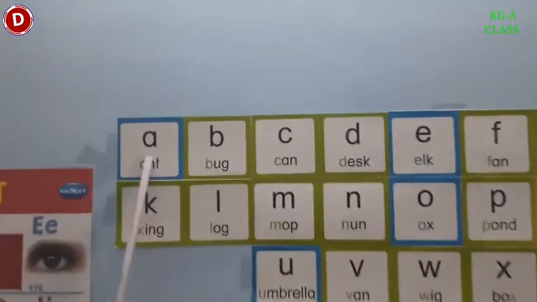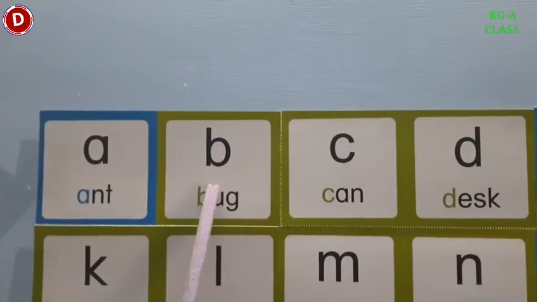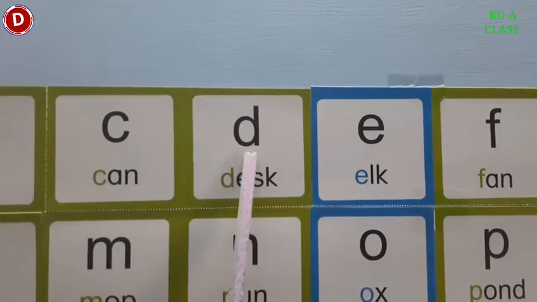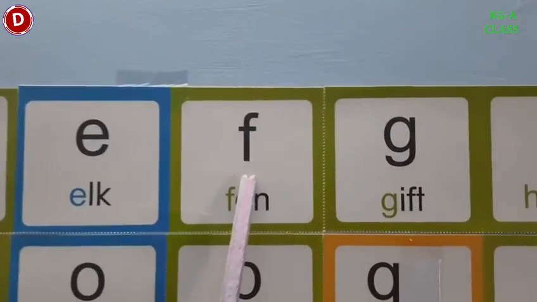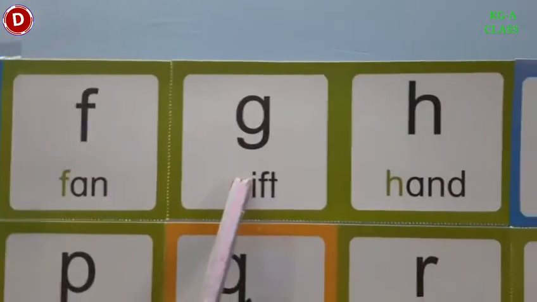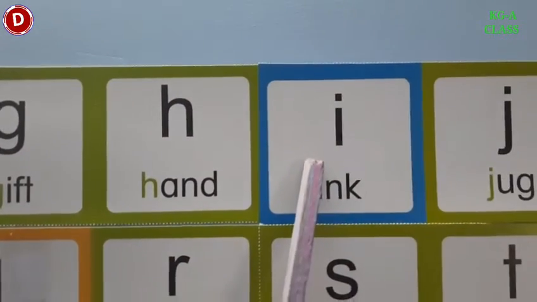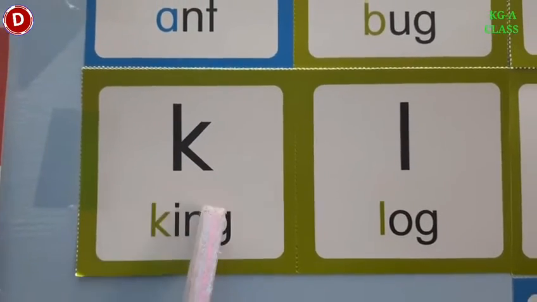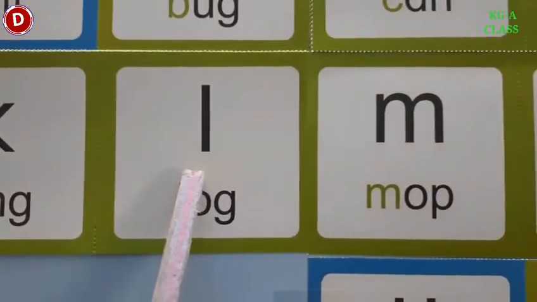Children, have a look. This is small a. Look here. Small a. This is small b. Small c. This is small d. Small e. Small f. Small g. Small h. Small i. Small j. After j comes k. This is small k. Small l.